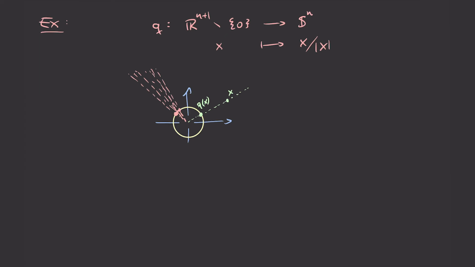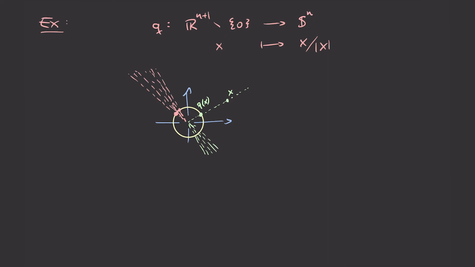Okay, so we've determined that the saturated subsets of R2 without the origin with respect to Q are precisely unions of these rays, so the open saturated subsets will be open sets that are also unions of such rays. Let's suppose we have some union of such rays that happens to be an open subset.